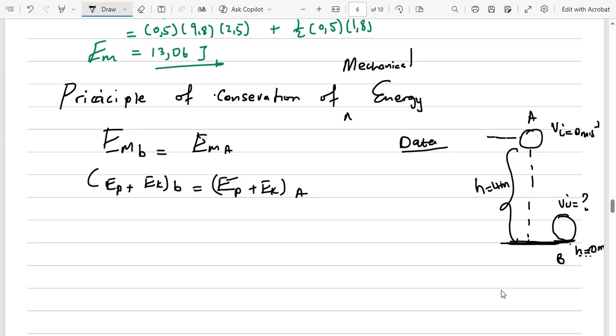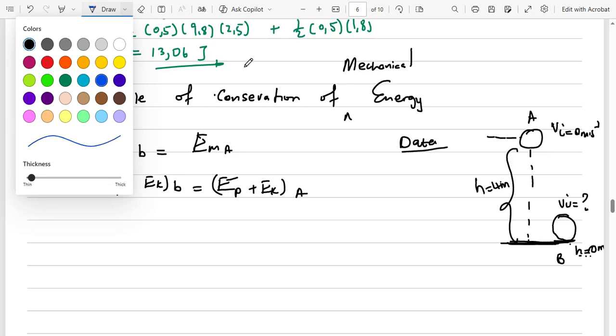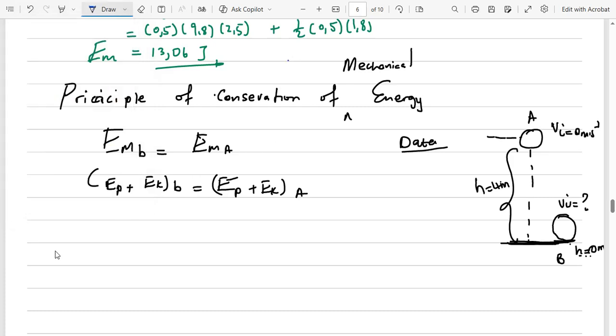Remember, the formula we use is EP, that's mgh, plus 1 over 2 mv squared. This is at point A, before.